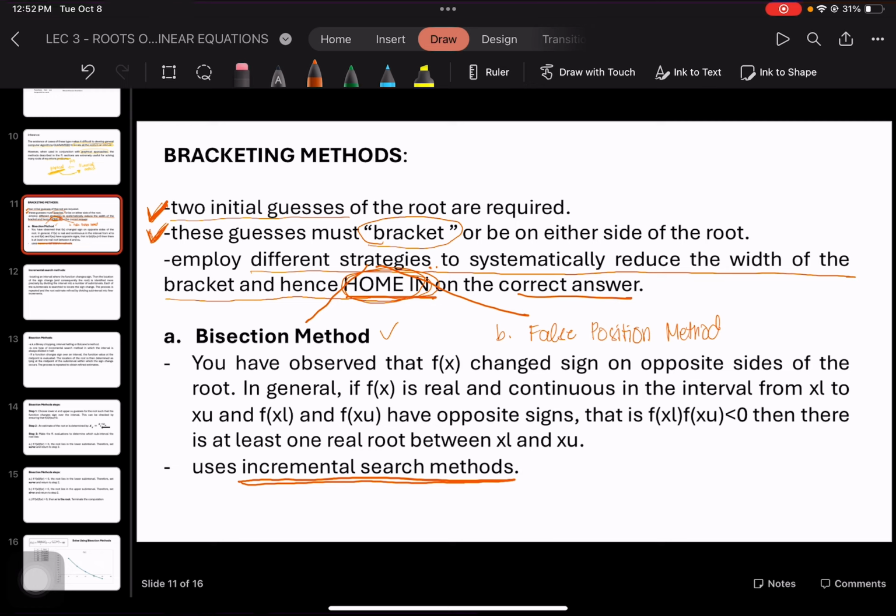And it also makes use of the generalization kanina that if may ma-observe ka na change in sign sa f of x on opposite sides of the root, in general, if f of x is real and continuous in the interval from xl to xu, and they have opposite signs, itong f of xl and f of xu, that is, when you multiply them, positive times negative, that is less than 0, then there is at least one real root between xl and xu.